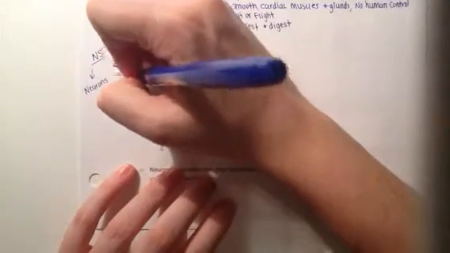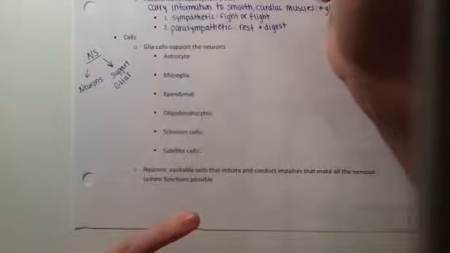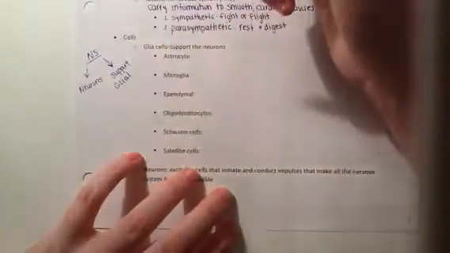Those supporting cells were called glial cells. We had glial cells and we had neurons.